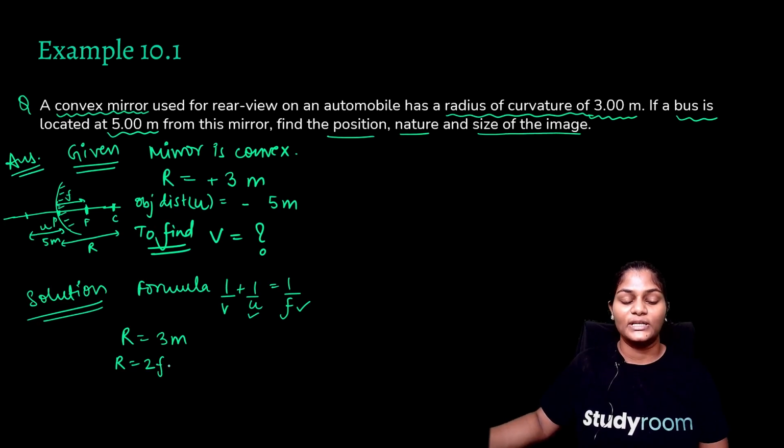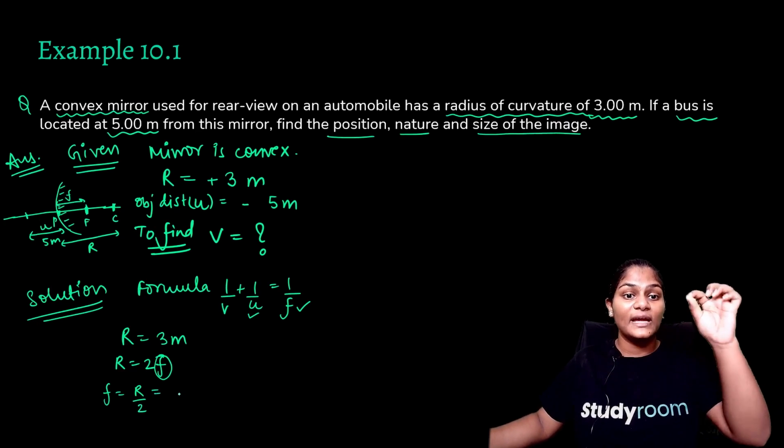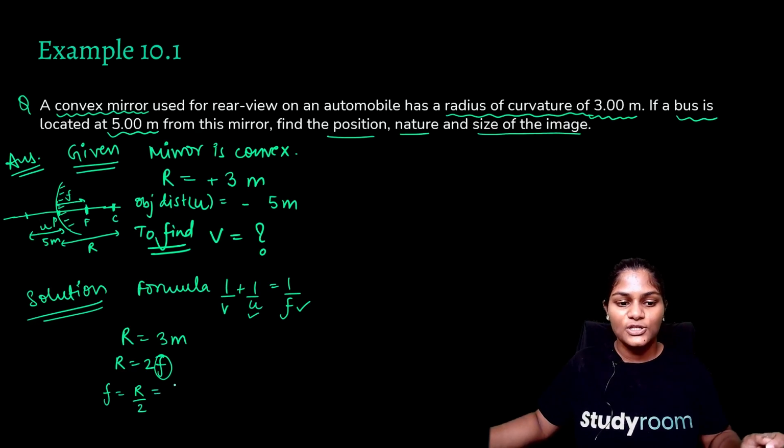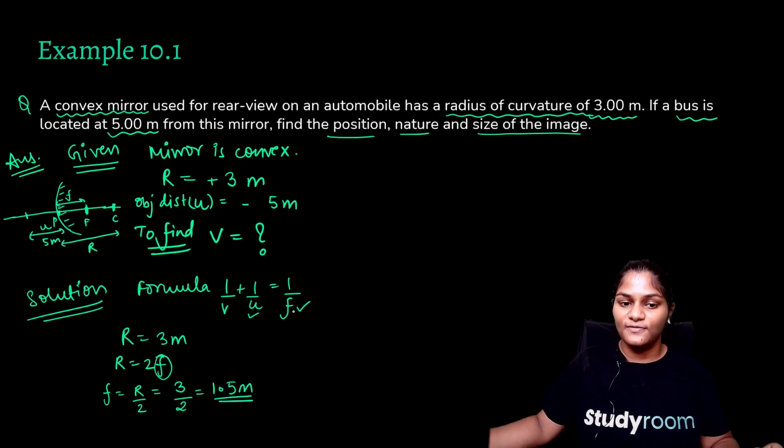Any way you want to write it. So now we want to find F here. What is F? It is nothing but R by 2. So we put the value of R with the sign. In this case it is plus. So it is plus 3 upon 2, which is 1.5 meters. So there we have the F that we need.